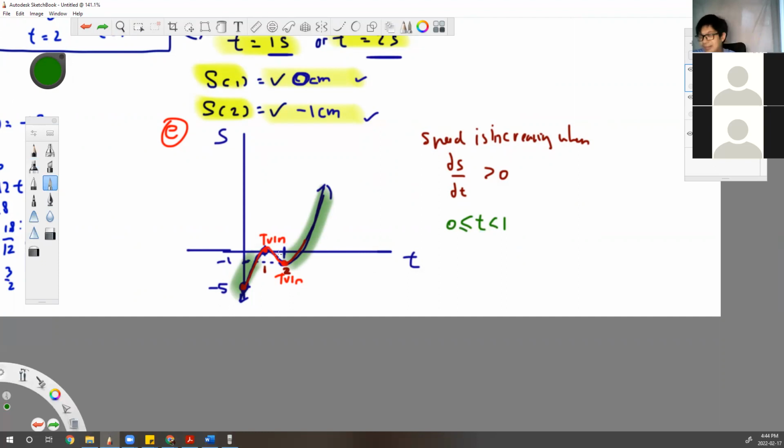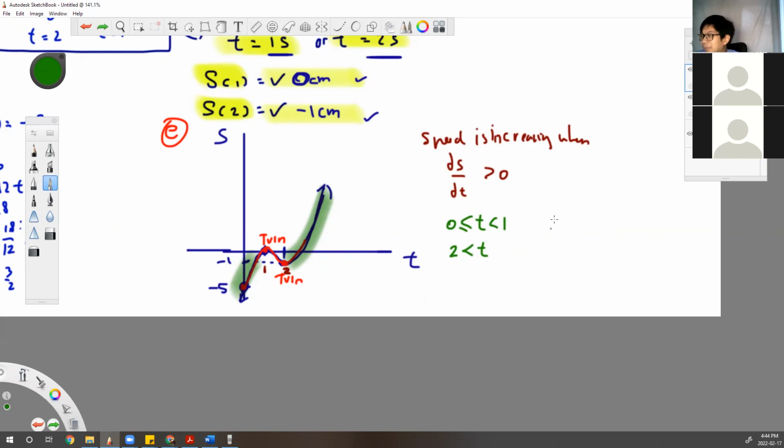From 1 until 2, the velocity is decreasing, right? Because it's going down, the gradient is negative. And then from 2 onward, done. No equal sign for the 2, right? Because when it is at 2, the gradient, or the speed, is 0, and it stops increasing going up.